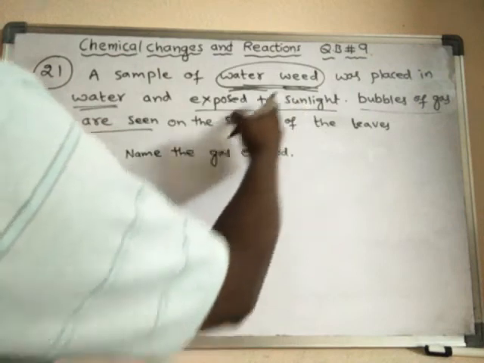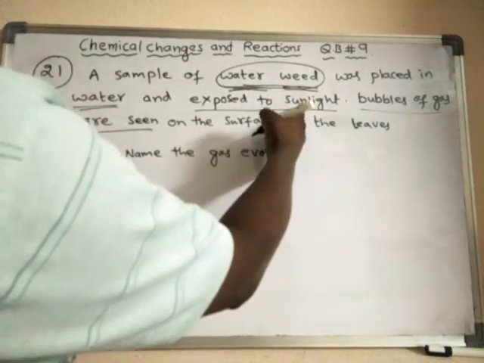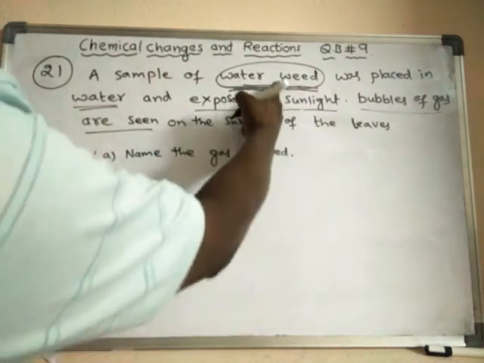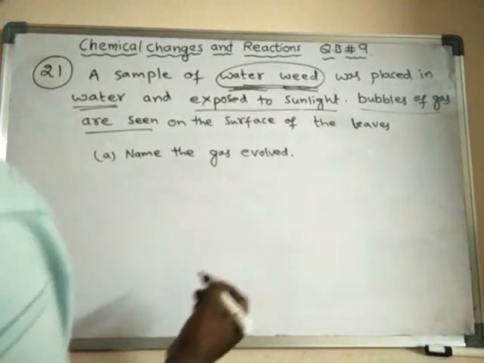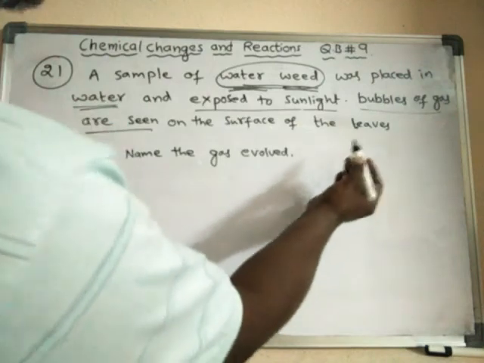Actually, what happens? When any plant is kept under sunlight, that plant will perform photosynthesis and prepare food materials. During the process of photosynthesis, oxygen gas is evolved.